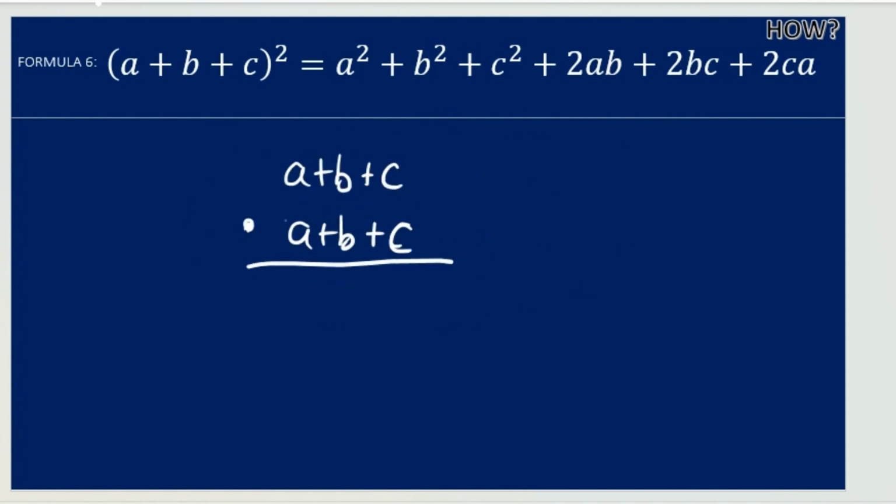C times C is going to be C squared. C times B is going to be BC. C times A is going to be CA. Then we move on to this B over here. B times C is going to be BC, so we write it below. B times B is going to be B squared, so we write that all the way over here.